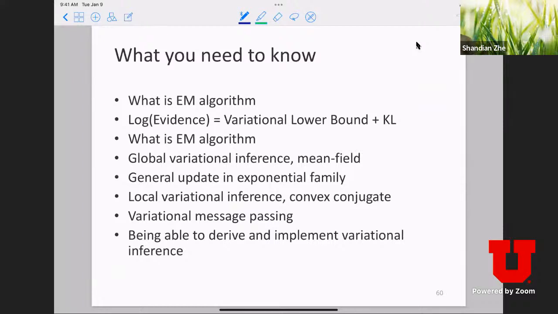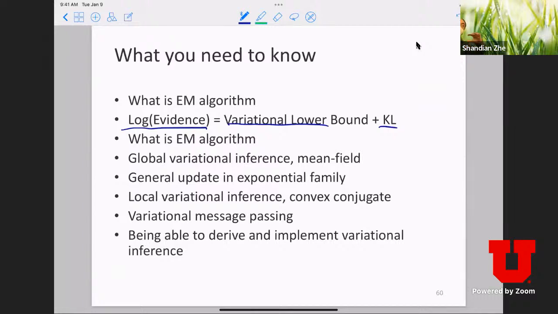Right? And if it is a case that we cannot compute the exact posterior, then variational inference comes in. Right? So variational inference is built upon this decomposition structure. That is, log evidence is the variational lower bound plus the KL divergence. And maximizing the variational lower bound is equal to minimizing the KL divergence.